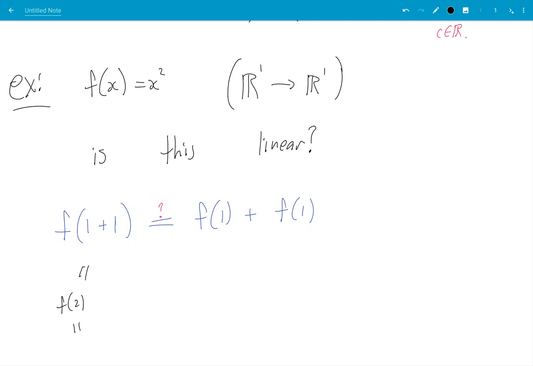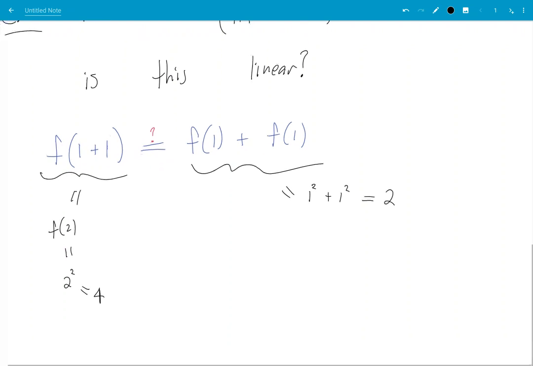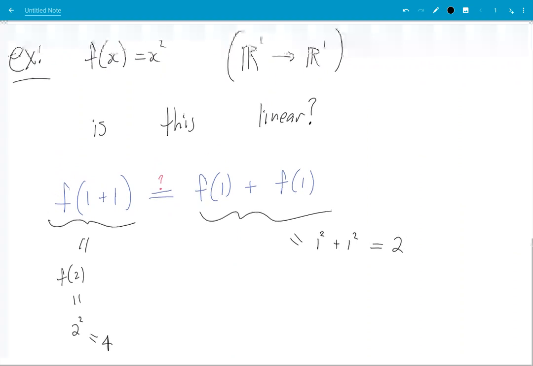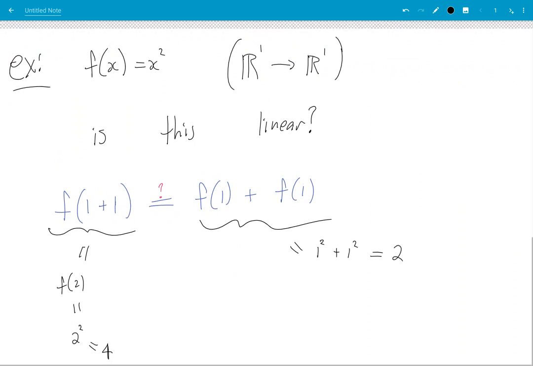Which is 2 squared, which is 4. That's the left-hand side. And the right-hand side is 1 squared plus 1 squared, which is equal to 2. So no, it fails. I can see that my function f does not pass this test.